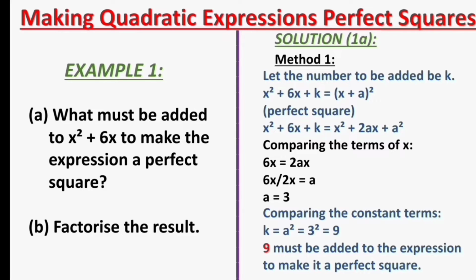Don't forget, a is 3, so k is equal to a squared, which is 3 squared. k is equal to 9. That means that 9 must be added to the expression to make it a perfect square.